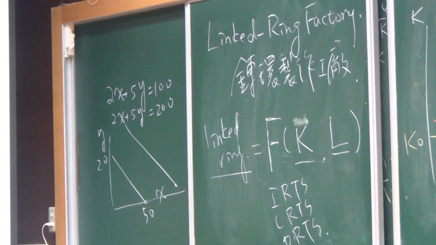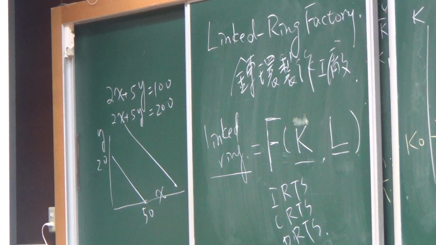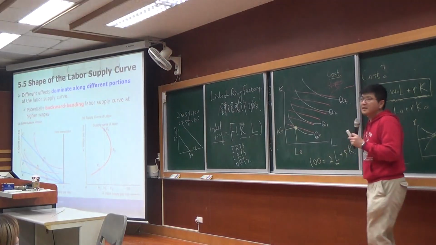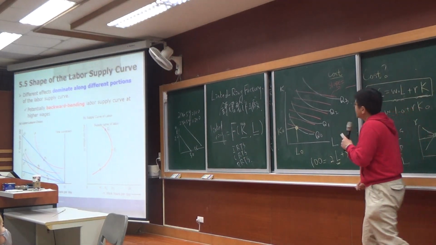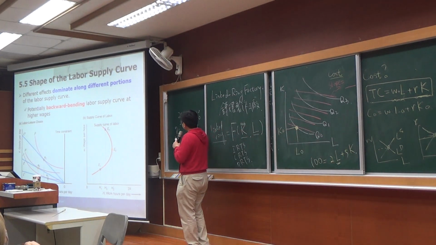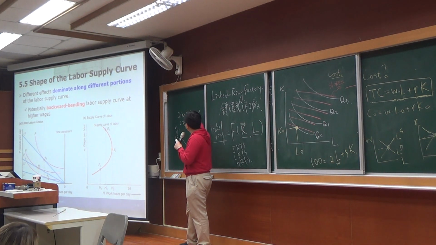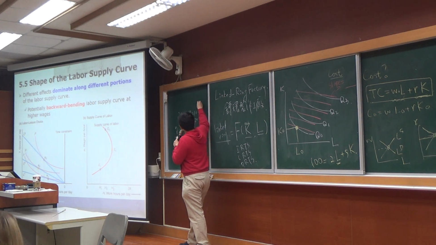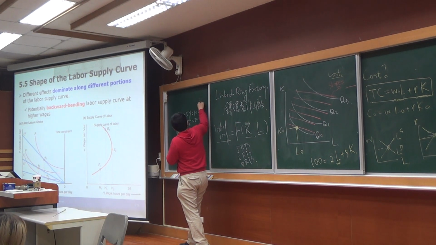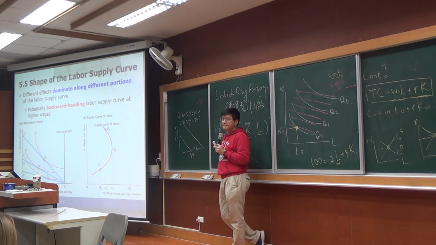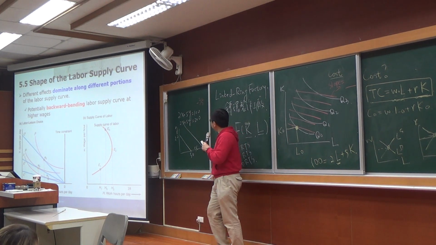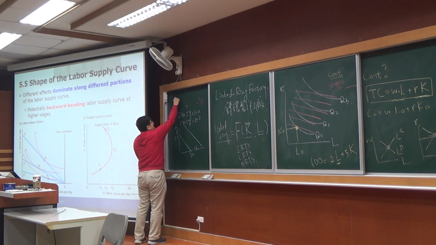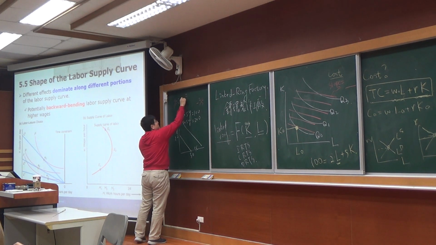And what about the slope for the cost line? Let's start from here. What about the slope for this curve? The slope would be negative 2/5. Is that right? Because you may rewrite this into y equals 20 minus 2/5x.